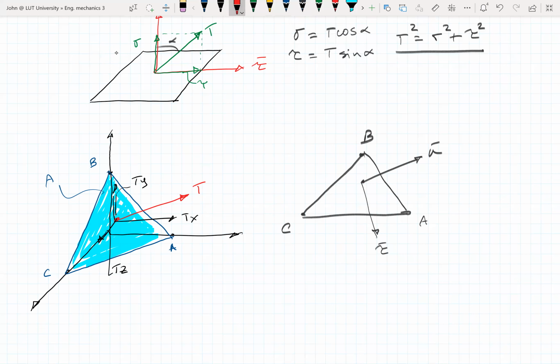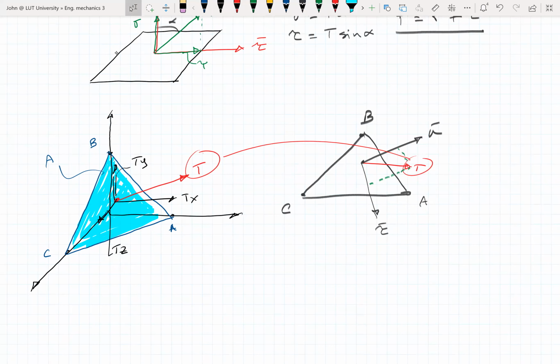And I will have my vector t, this one here. This vector t is going to have 2 components represented on the normal and tangential vectors here.